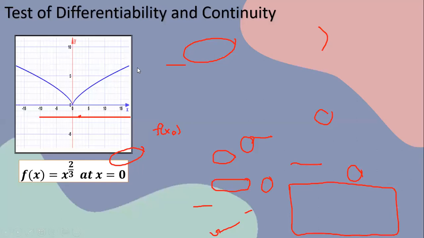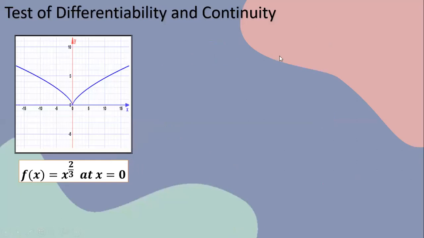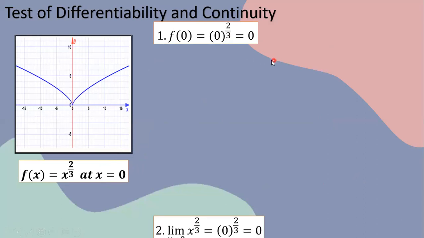So next, let us have another example. We have x raised to 2/3 at x is equal to 0. Is this function continuous and differentiable at x is equal to 0? Let's find out. First, testing the continuity, we have f of 0 is equal to 0 raised to 2/3, which is still equal to 0.